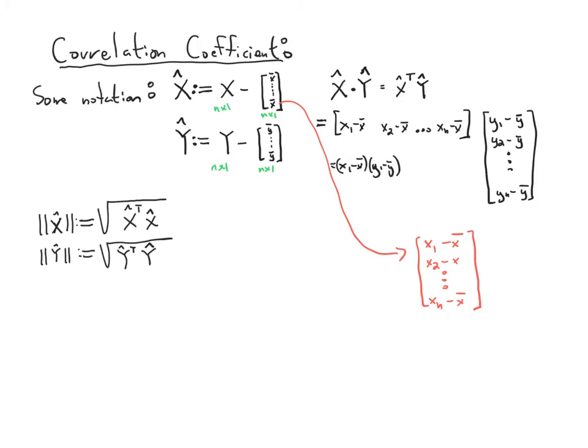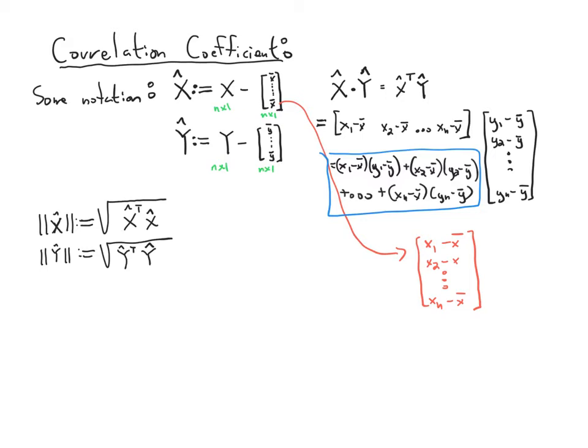So that's the first entries of our vectors multiplied together, and then we add it to the next one, x2 minus x bar times y2 minus y bar, and we keep going. We do that for all of our terms. And the last one, xn minus x bar times yn minus y bar. So that is our calculation for that dot product there.